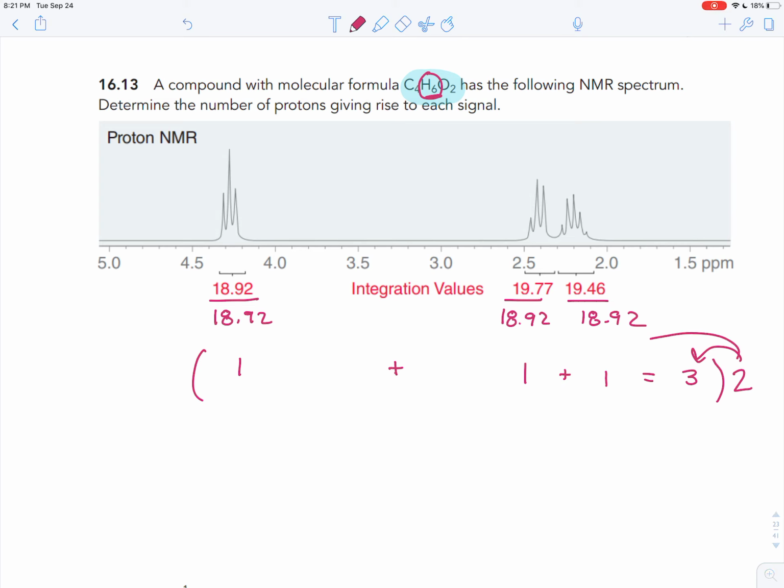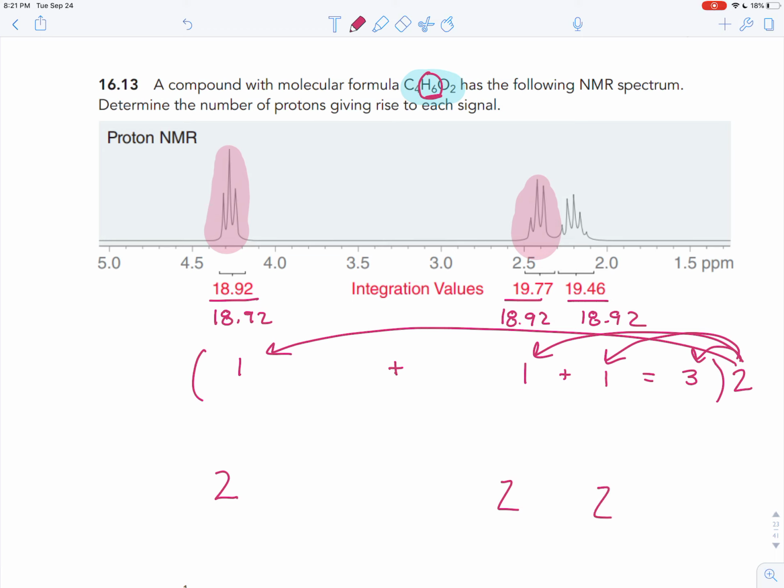And so that means that each of these environments you'd have to multiply by 2 so that there would be 2 hydrogens represented in this first peak, 2 more hydrogens represented in this second peak, and 2 more hydrogens represented in that third electronic environment. And that gives you a total of 6. So it's asking you to determine the number of protons giving rise to each signal.